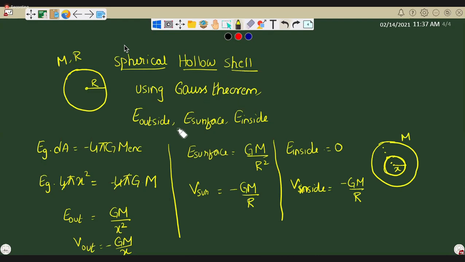So I think now any structure I give, sphere or anything, you can use for three-dimensional things. You use your Gauss theorem. Understand? Yes, sir.